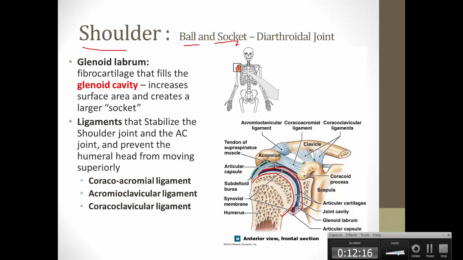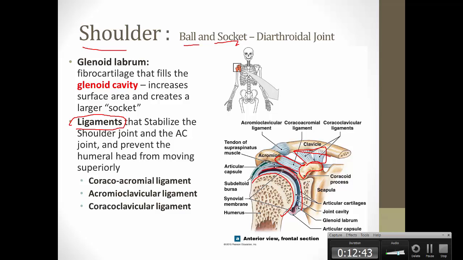So in order to increase the stability of the shoulder joint, what we have to do is to add ligaments. So we have different ligaments. We have a ligament that connects the coracoid process to the clavicle. So we call this ligament here my coracoclavicular ligament. Another ligament extends from the coracoid process to the acromion.